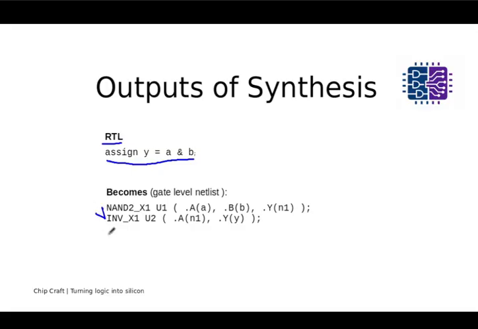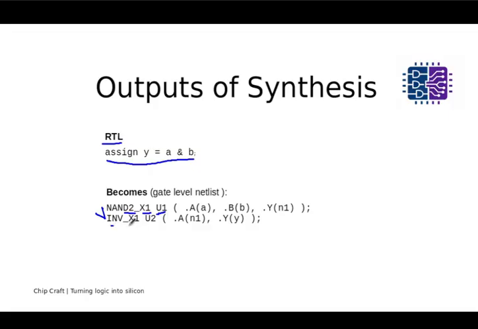AND2 means it has two inputs. X1 is its driving strength, which relates to fan-out. We will talk about fan-out also. The next one is U1, which is the instance name, and next are the port names A, B, and Y.